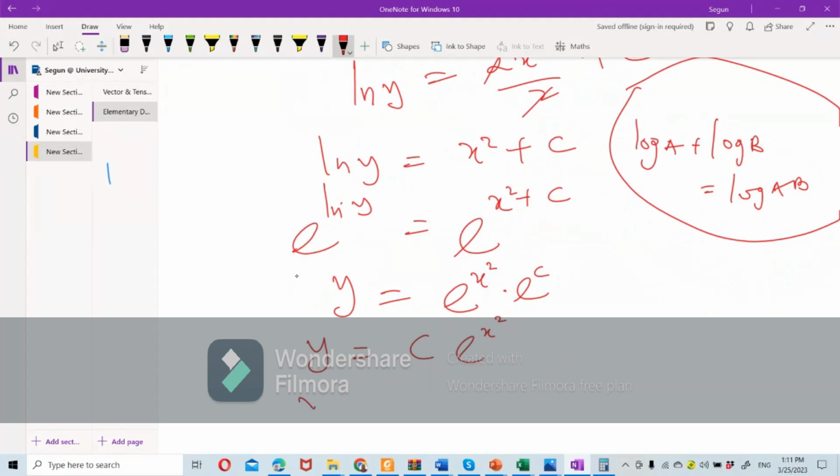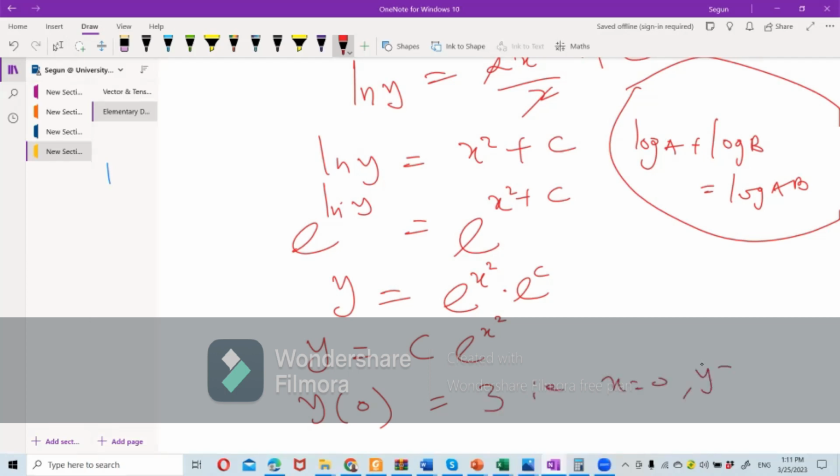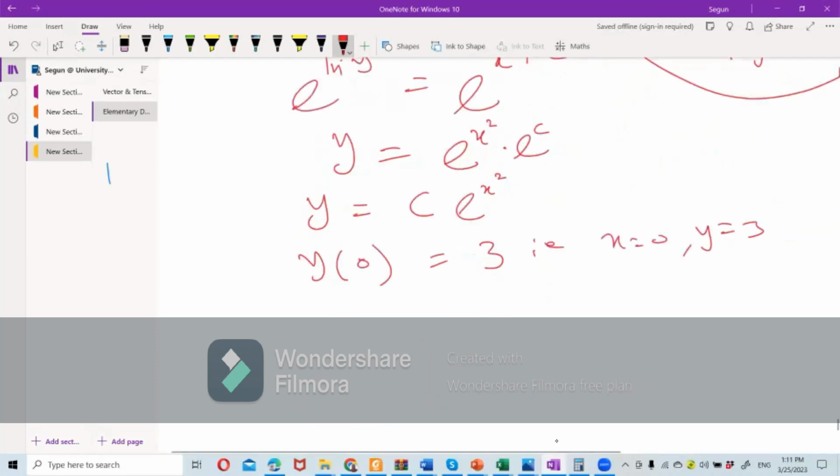Remember, we said y of 0 equals 3. That is, x equals 0, y equals 3. So we can proceed by saying y equals 3 equals c. Remember, exponential of 0 is 1.